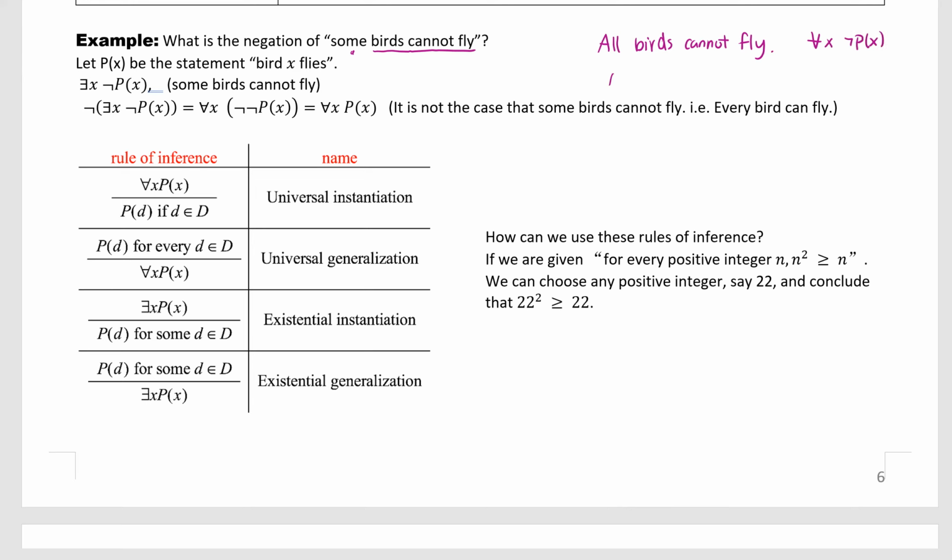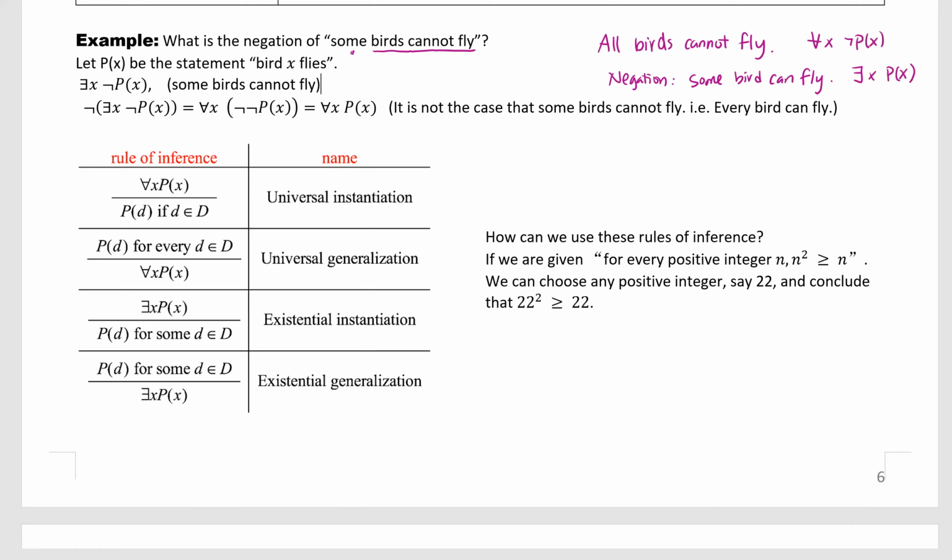The negation will be some birds can fly. So the negation of for all becomes exists, and the not cancels. So we have there exists x, P of x. So far so good, everybody?